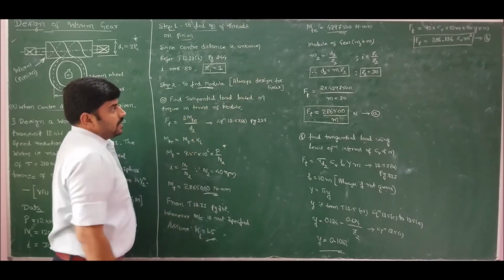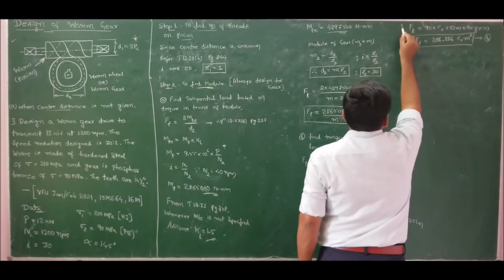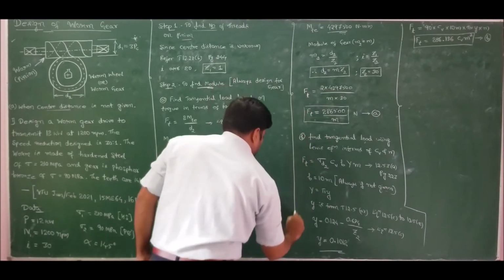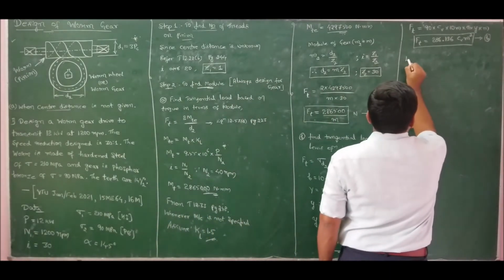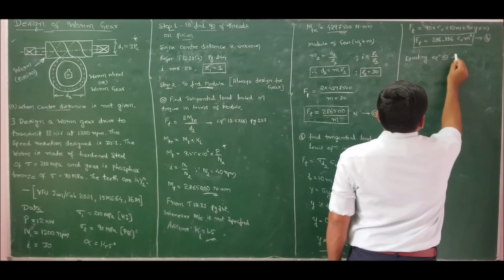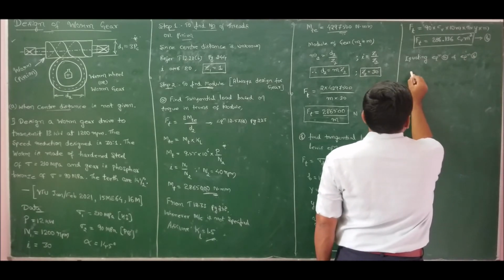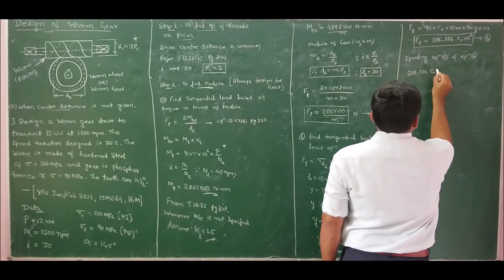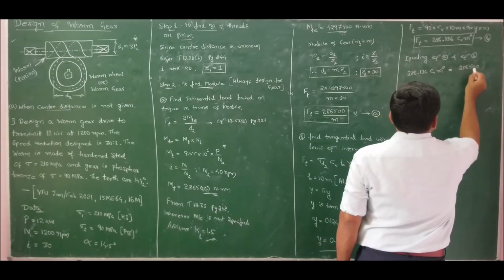Now equate equation A and B to solve for m cube CV. It is turning out to be the same form which we have employed so far. Whenever pitch circle diameter is not given, we are solving for m cube CV. To that form only it is reducing now. So equating equation A and equation B, we have 286.136 CV module square is equal to 286,500 by m.